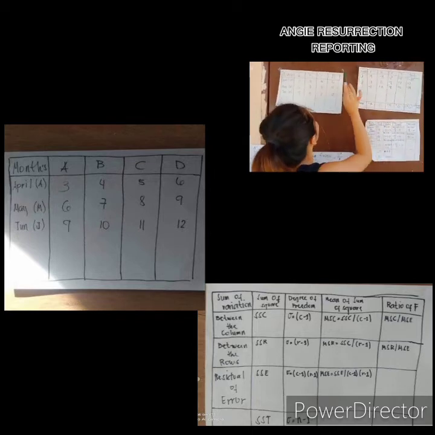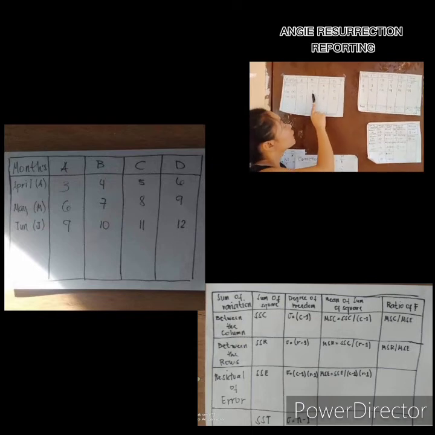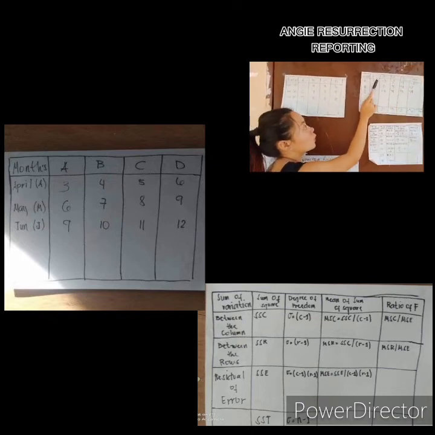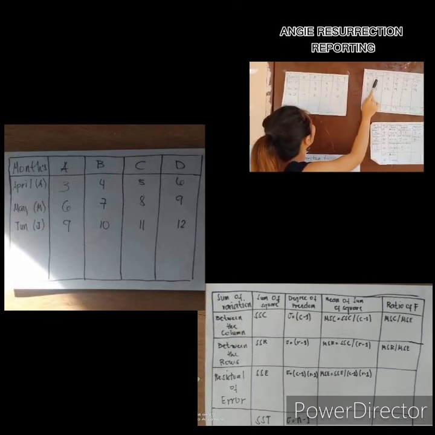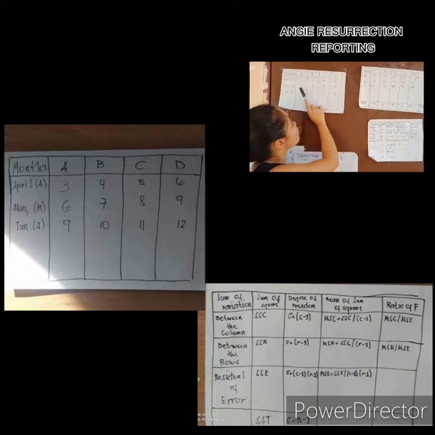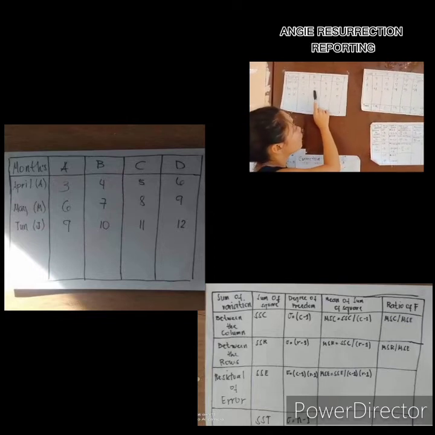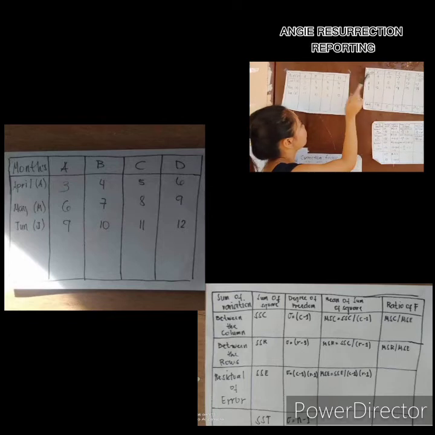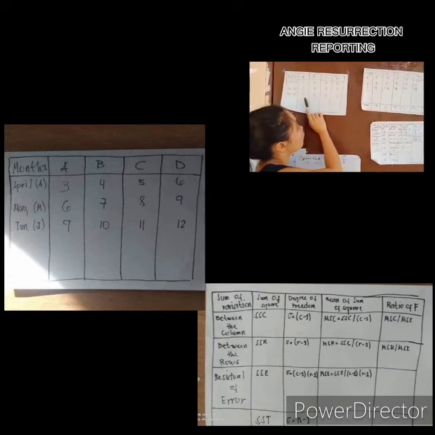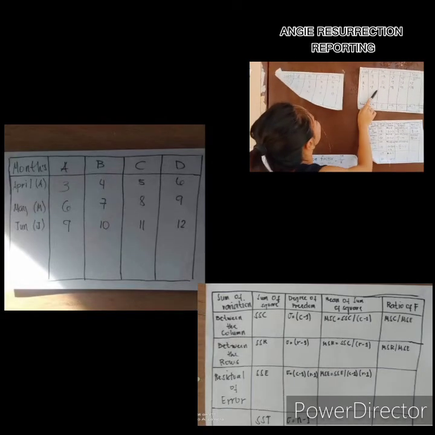So 3 minus 7 is equal to minus 4. 6 minus 7 is equal to minus 1. 9 minus 7 is equal to plus 2.